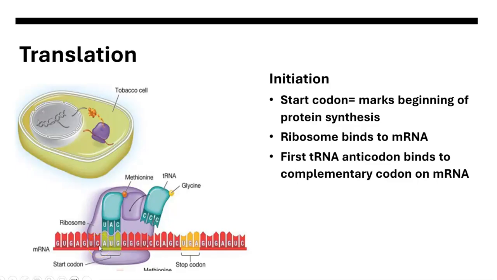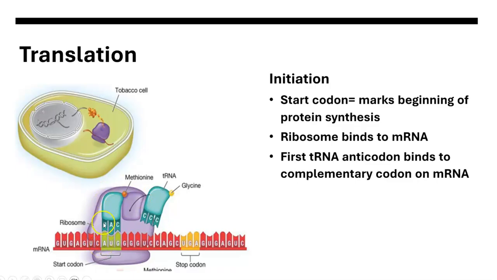This marks the beginning of where the instructions are on how to make that protein. And then we also have a stop codon at the end. So it's a unique 3 base sequence that marks the beginning and the end of our gene sequence. There is only one start codon, and that is AUG, whereas there are various different stop codons.